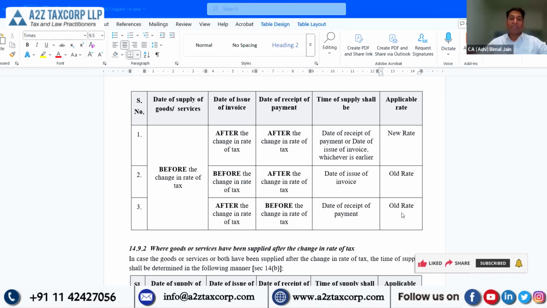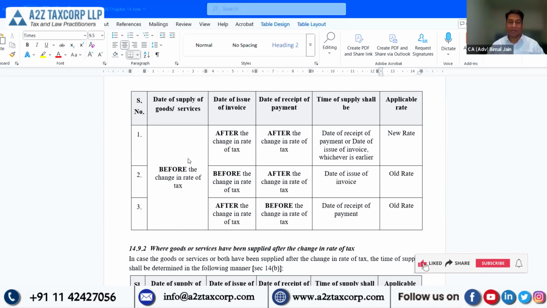This is the table which comes out of Section 14, subsection A and subsection B. Let's look at the scenario I've created, which is easy to digest. If supply is made before 22nd September, but the invoice is issued after 22nd September, and payment is also received after 22nd September, then it is 2 out of 3.